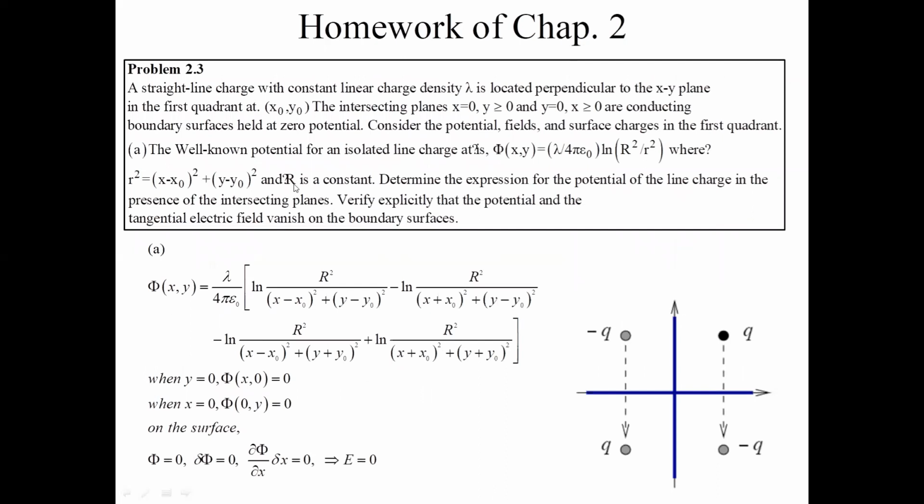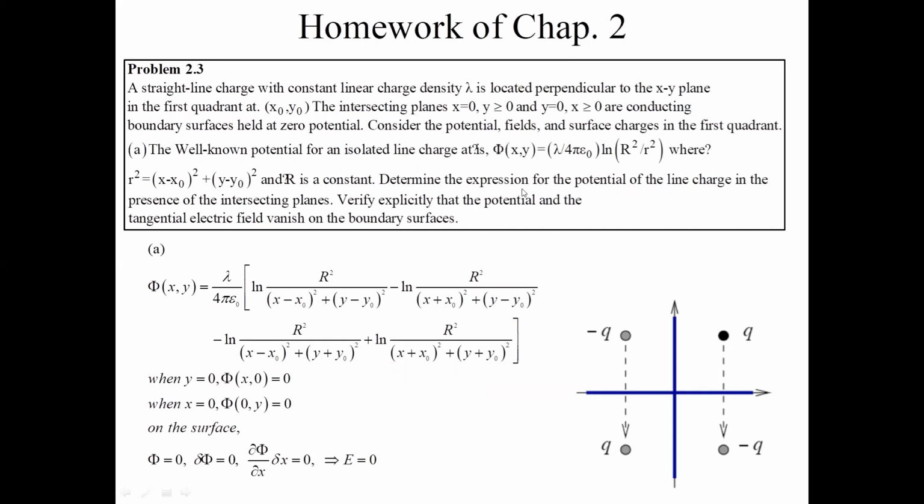So for problem 2.3, okay. So here we have a straight line with linear charge density lambda, and the total charge is the same as Q here.